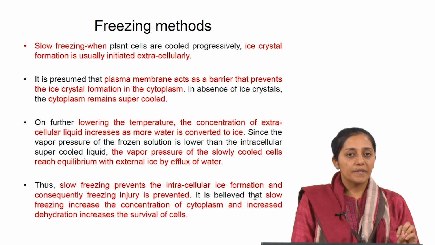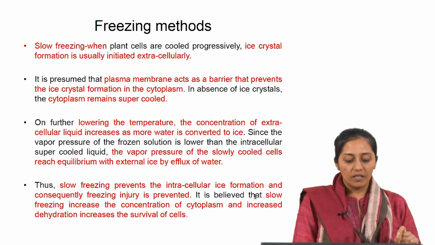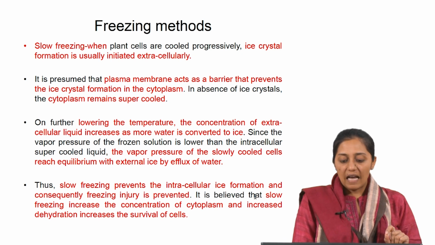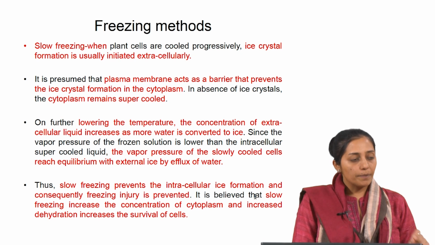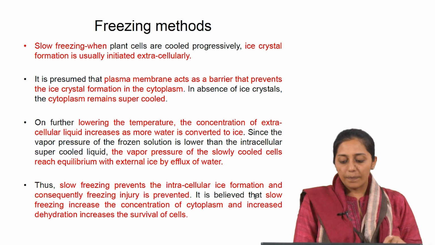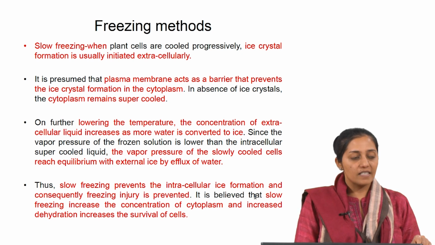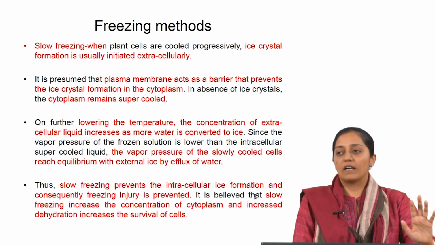So, how does it happen? Once you lower the temperature, the concentration of the extracellular liquid increases as more water is converted to ice. Now, since the vapor pressure of the frozen solution is lower than that of the intracellular supercooled liquid, the slowly cooled cells reach equilibrium with the external ice by effluxing water.